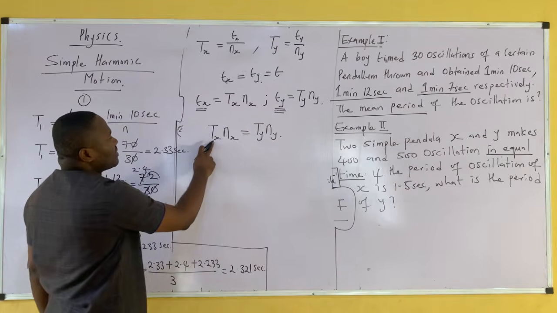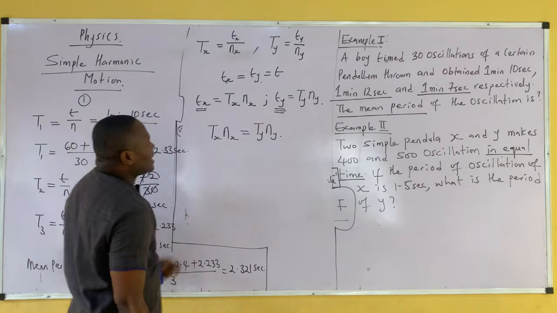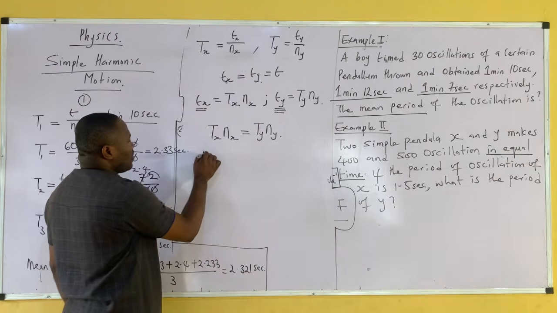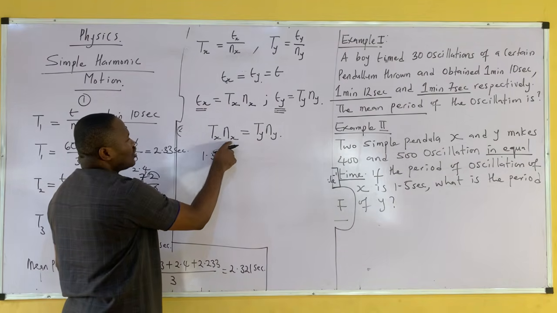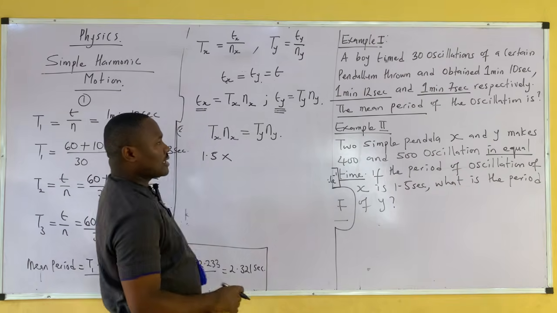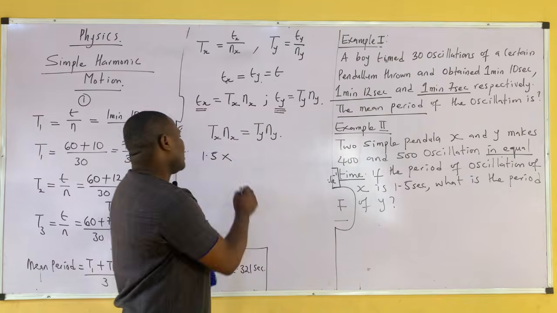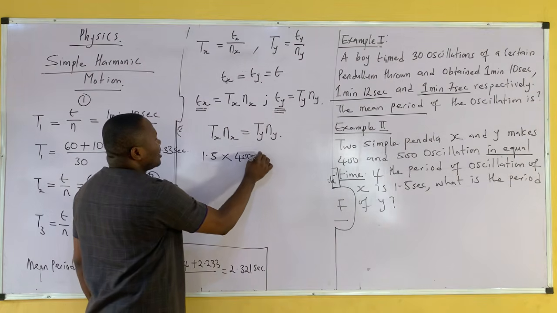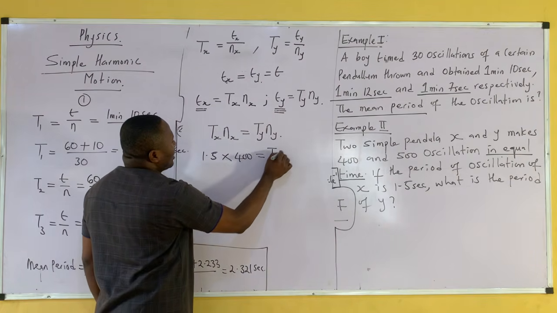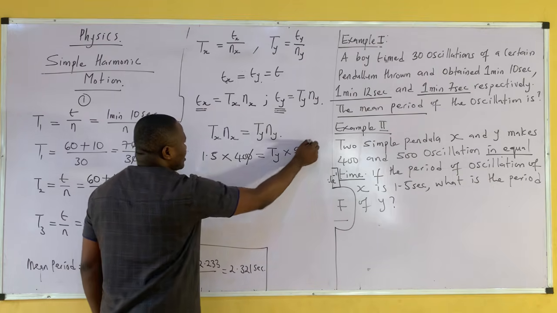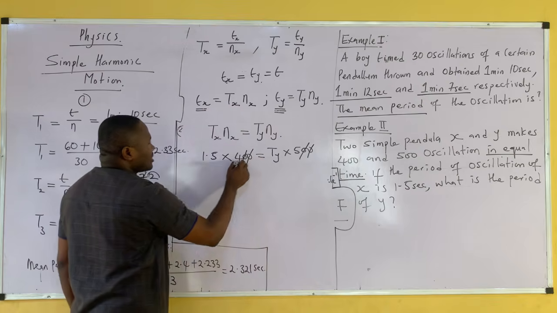Now, what is my period of x? It is 1.5. So I have 1.5 times the number of oscillations for x. X comes first, so x will be 400: 1.5 times 400 is equal to Ty times 500. So this cancels as this cancels as this.